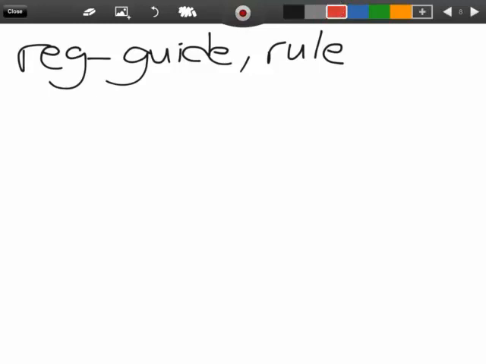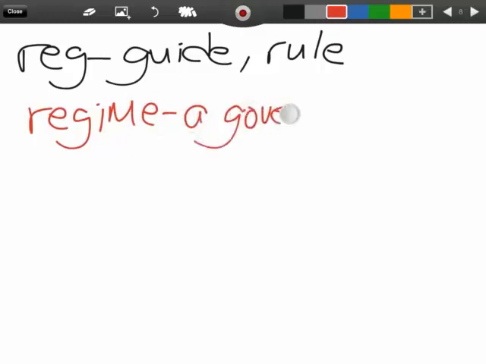One of them is regime. And regime means a government that rules.